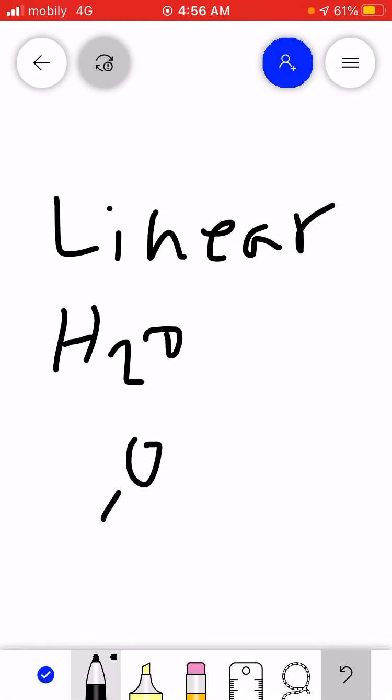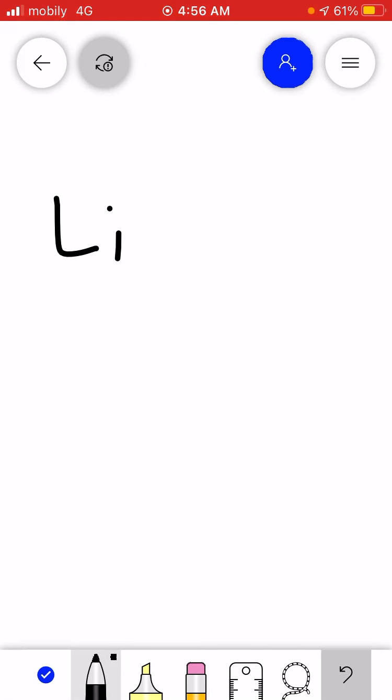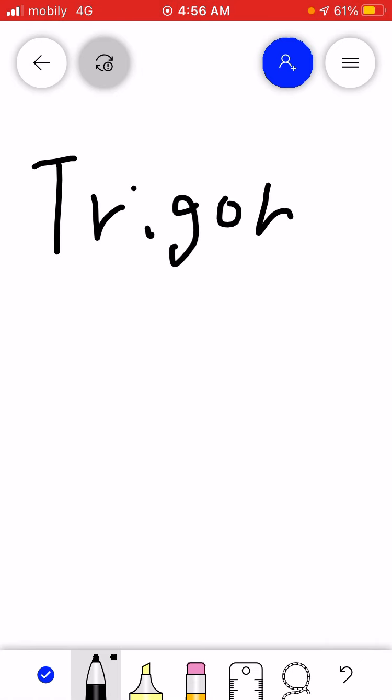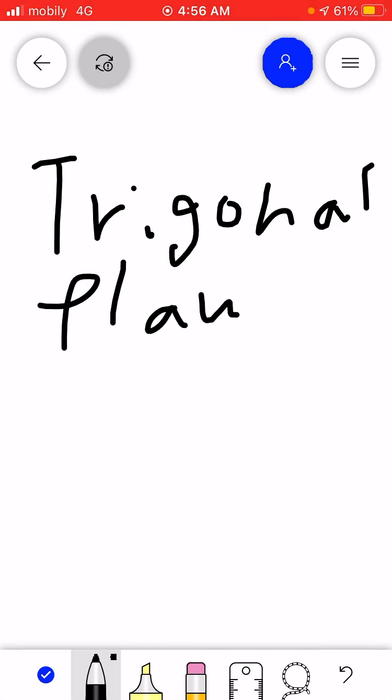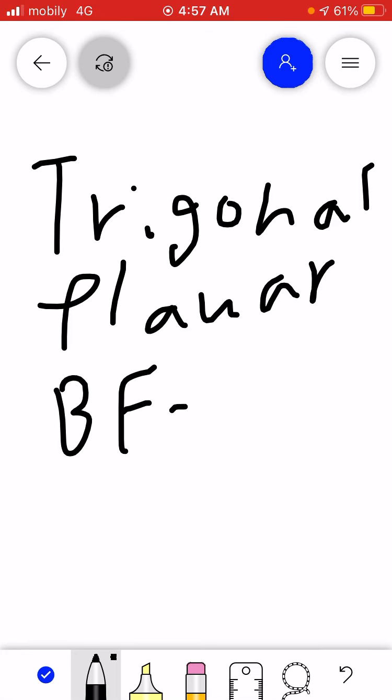All right. The second shape that we're talking about is trigonal planar. And what is a trigonal planar? It could be boron trifluoride, so it's BF3.